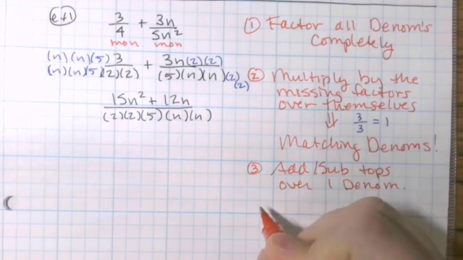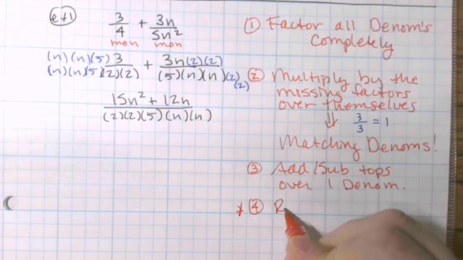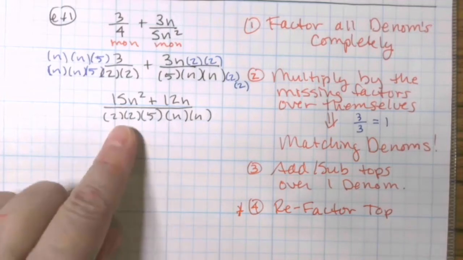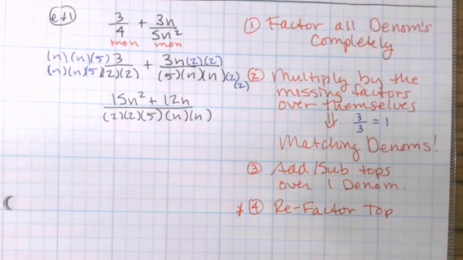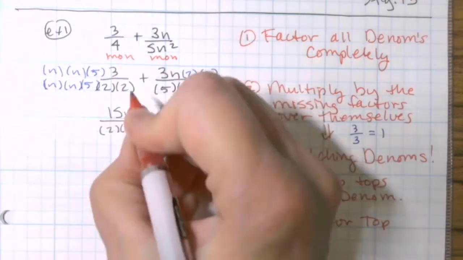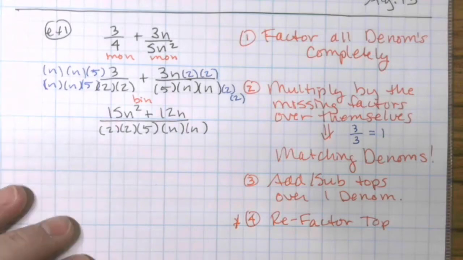This is the hardest step for people to remember, step 4. You're going to refactor the top. Why? Because we have a completely new expression that we didn't have when we started. This is a binomial. So when you have a binomial, first you divide out what you need and then look to see if you can factor what's left.